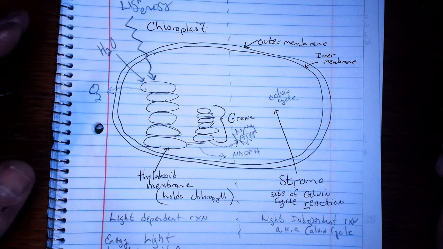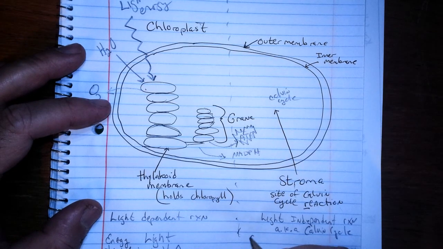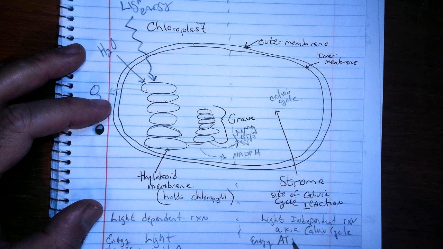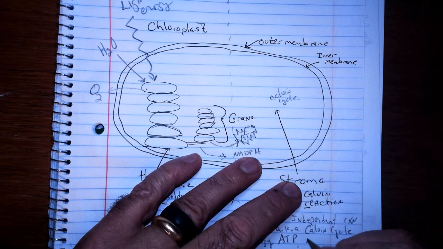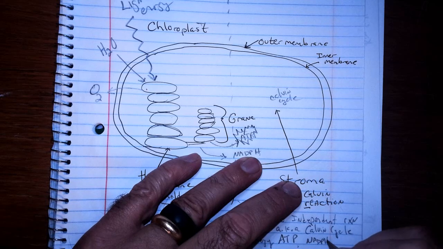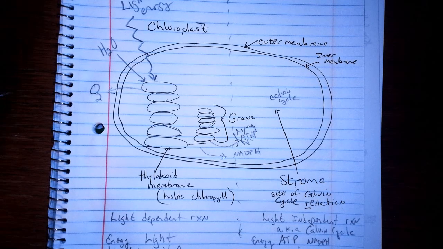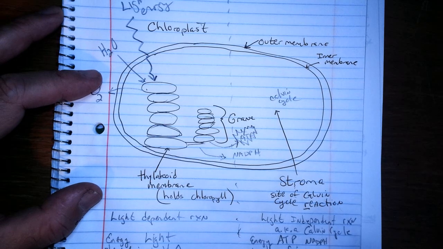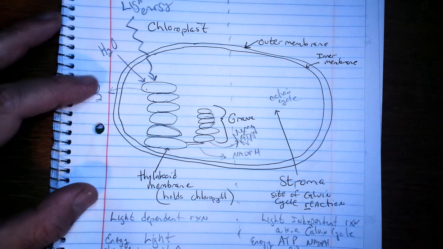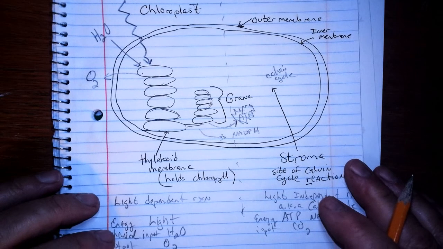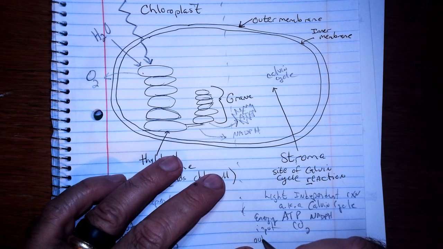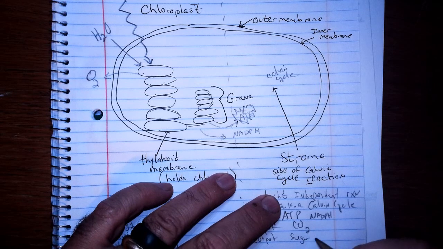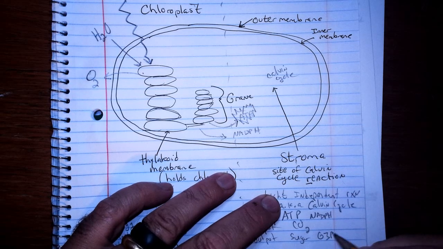And in the Calvin cycle, so here our energy is that ATP. And we're also going to use NADPH to sort of follow this along. Our input is CO2. And our output is going to be sugar, G3P.